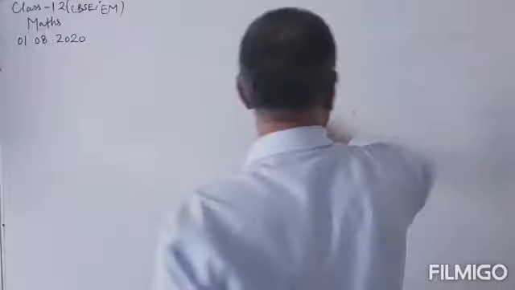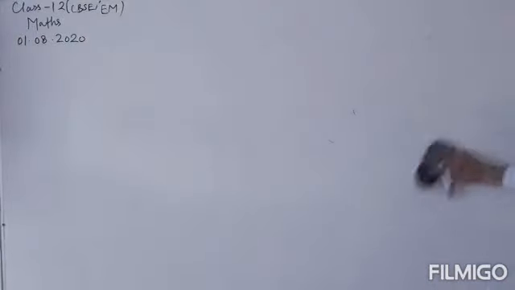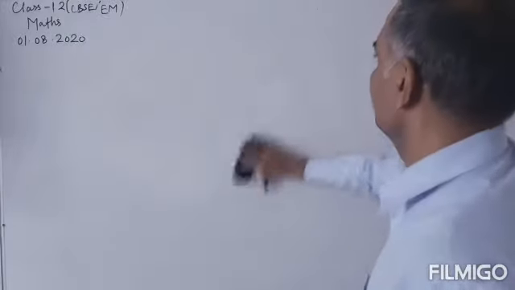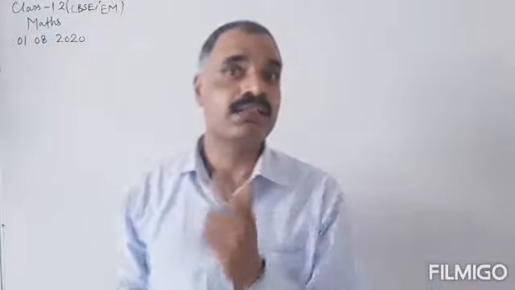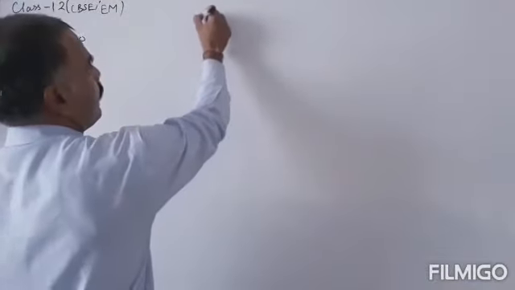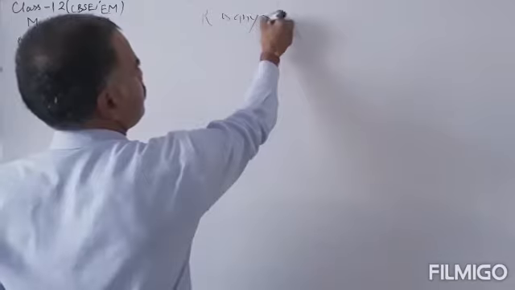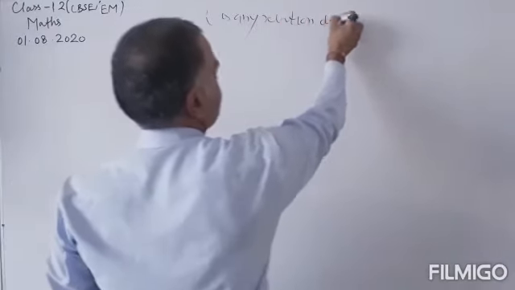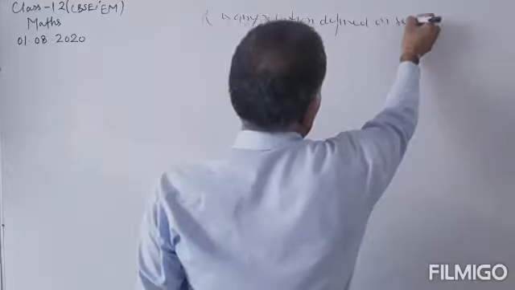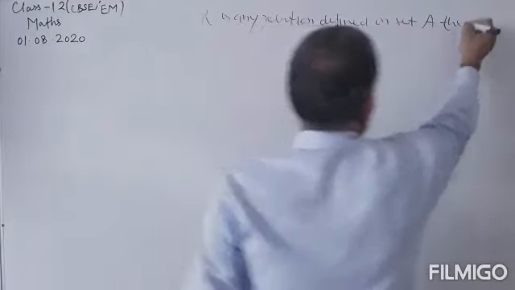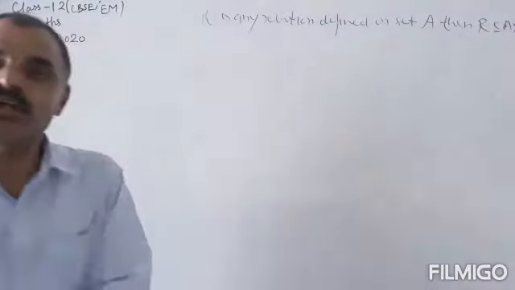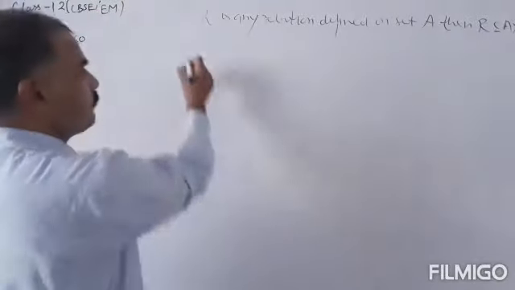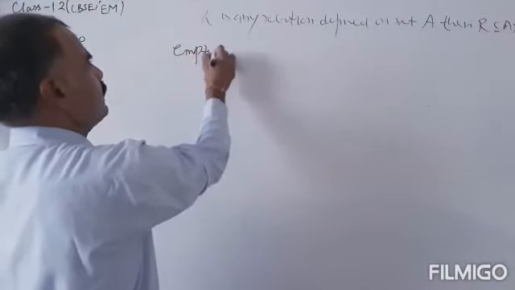Empty relation. As the name indicates, a relation in which there is no ordered pair is said to be an empty relation. We know that if R is any relation defined on set A, then R is a subset of A cross A. Now what is an empty relation?